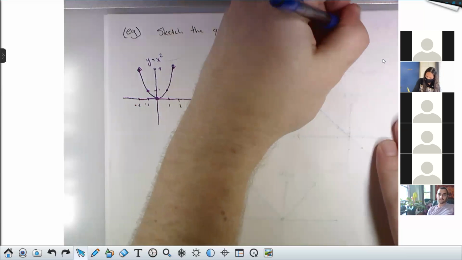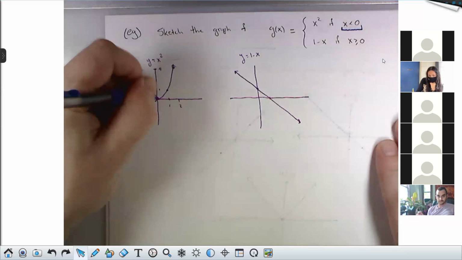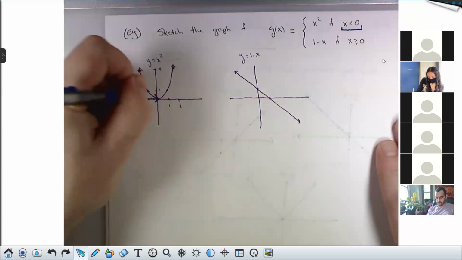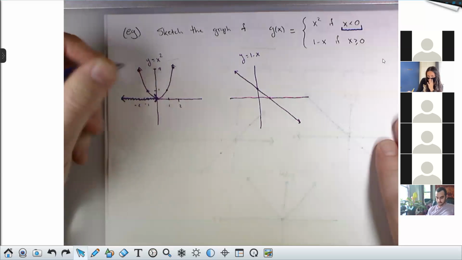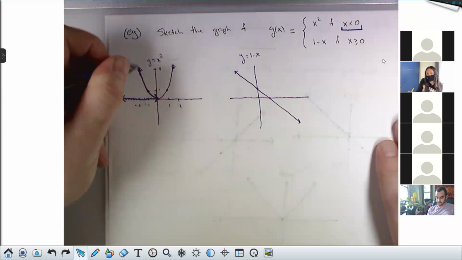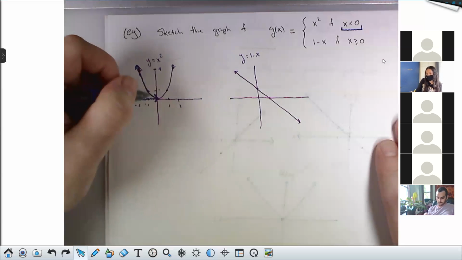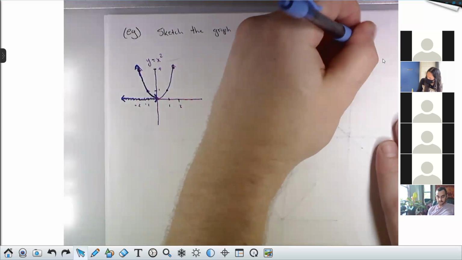So if x is less than 0, that means I'm looking at all the stuff to the left of the origin here. It means I'm looking at this portion of my parabola, not including the point at 0, 0, because there x is exactly equal to 0. And when x is exactly equal to 0, I should be using the other piece.